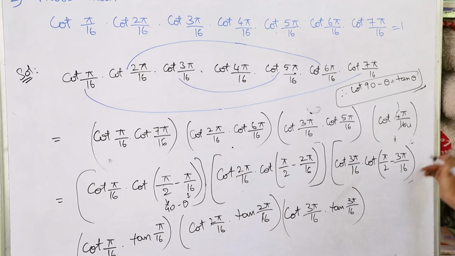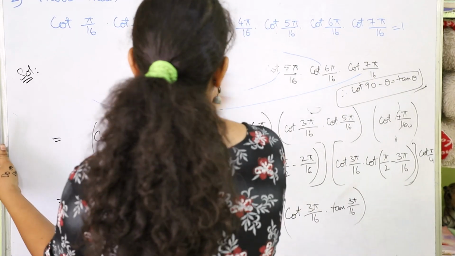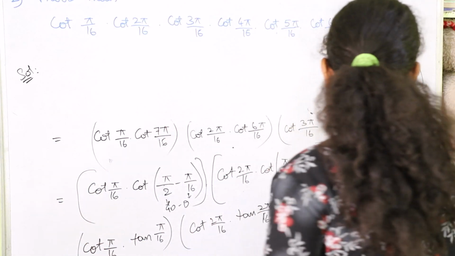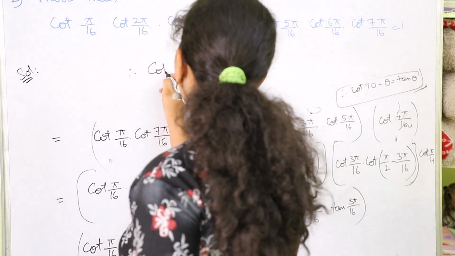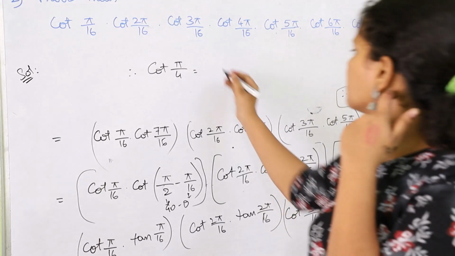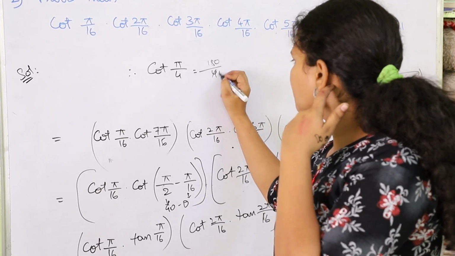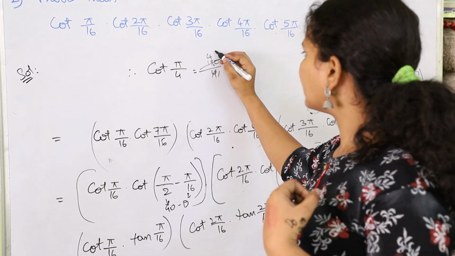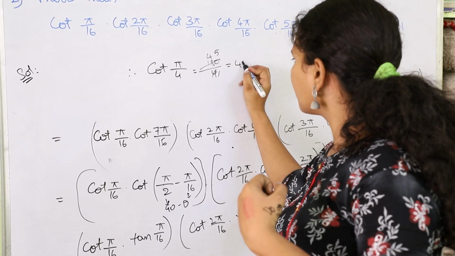And the last one that we have remaining over here is cot pi by 4, right? Instead of this, I am going to write cot pi by 4. Where the pi value is 180 degrees, 180 by 4: 4 ones are 4, 4 fours are 16, 4 fives are 20, so I got 45 degrees.